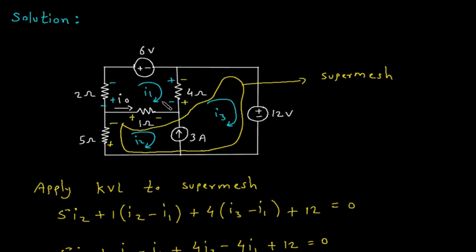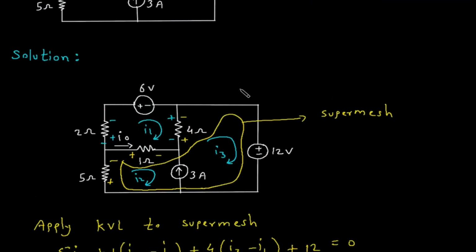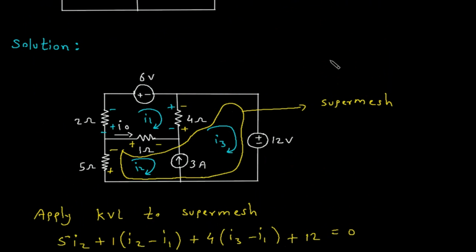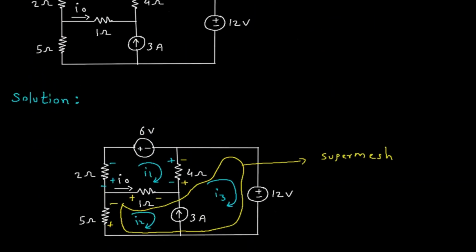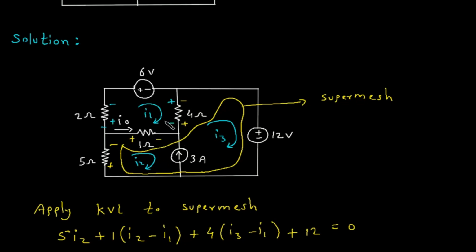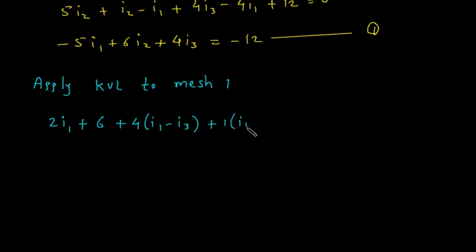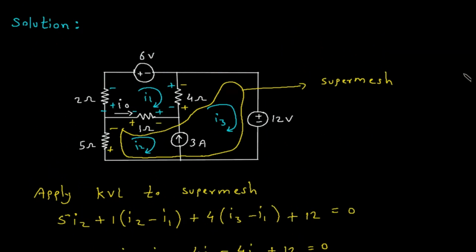So this will be 2I1 plus 6 plus 4 times (I1 minus I3), plus 1 times (I1 minus I2), is equal to 0.